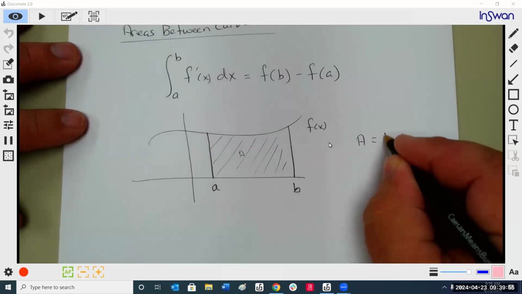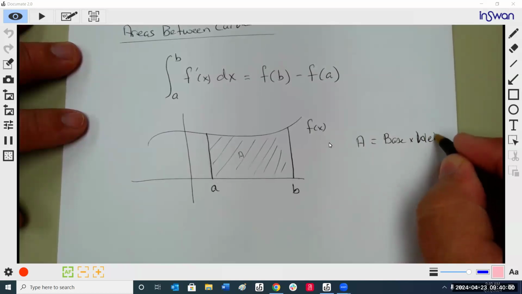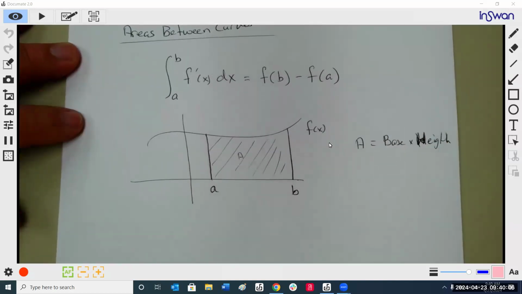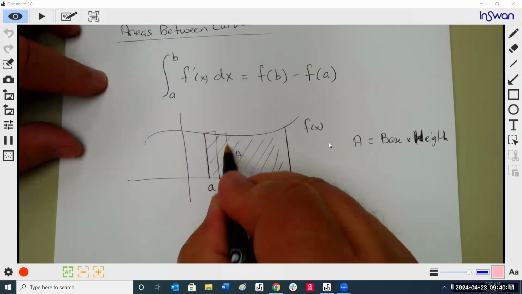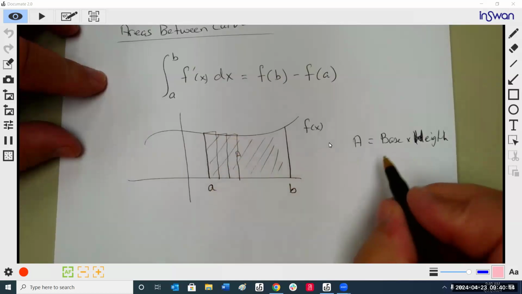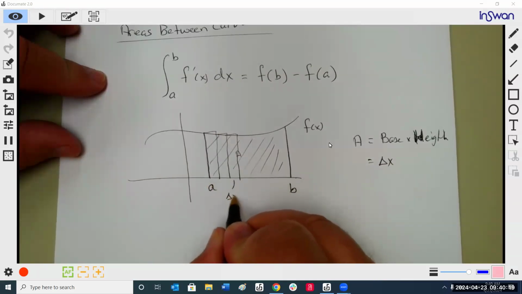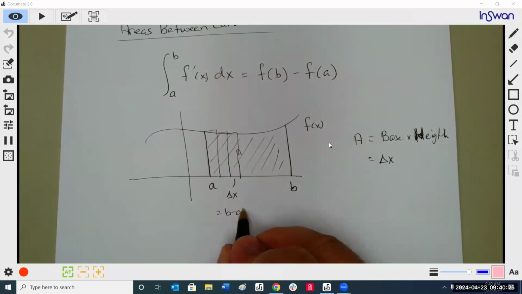Area is base times height. The base is defined by delta x, which is b minus a, or x_{n+1} minus x_n.